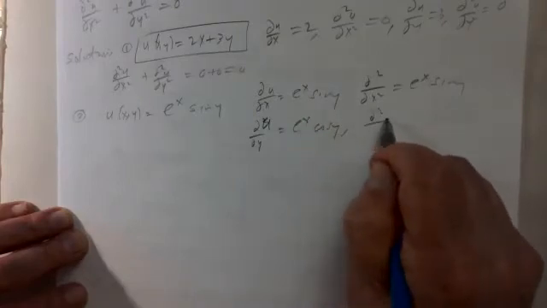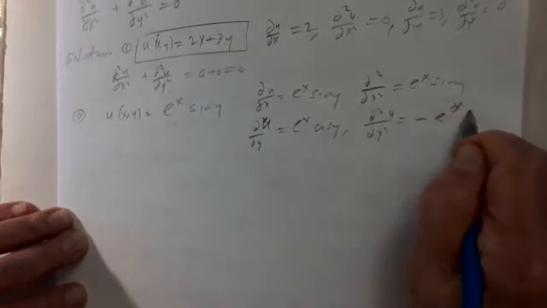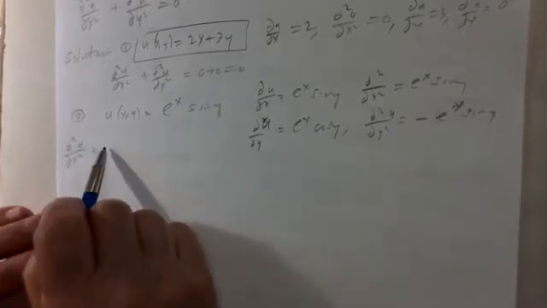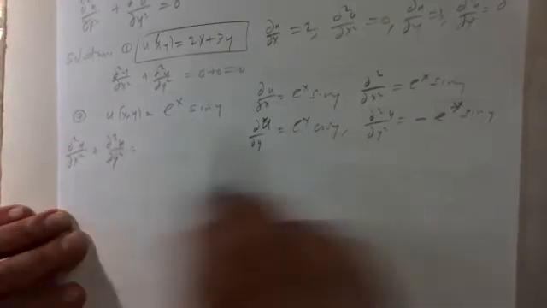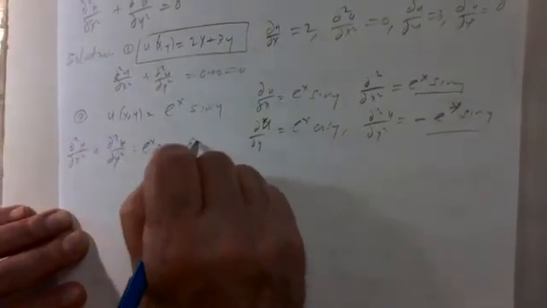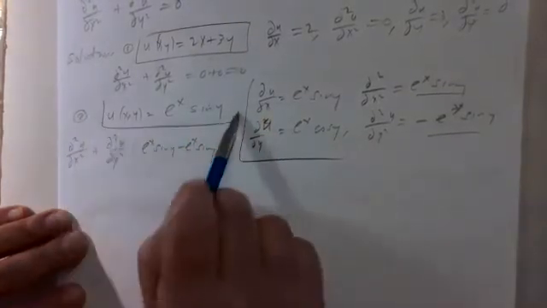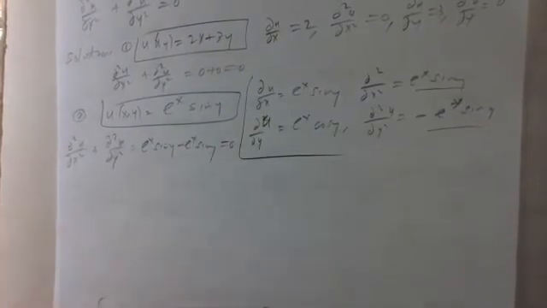And if you differentiate again with respect to y, you get minus e to the x sine y. So the second partial of u with respect to x plus the second partial of u with respect to y is e to the x sine y minus e to the x sine y, which is 0. So that's another solution. Any questions about this so far? I mean, you do have to know calculus.